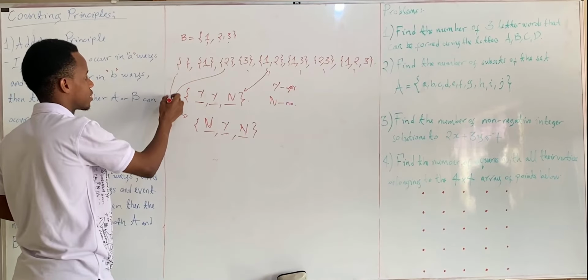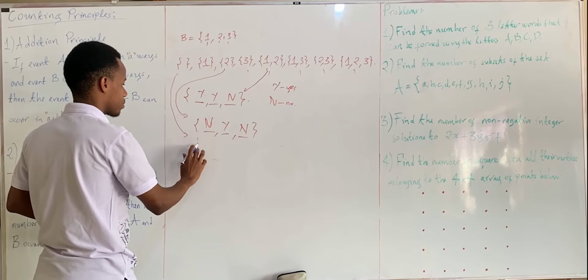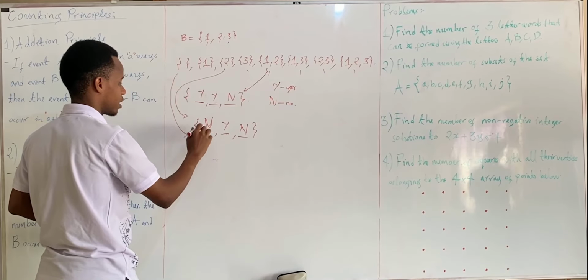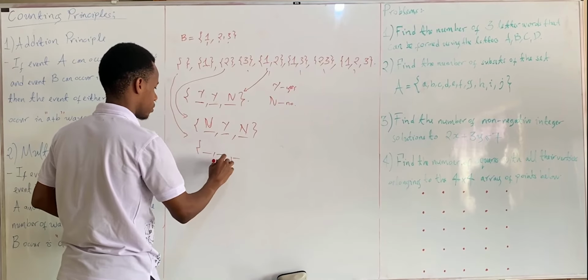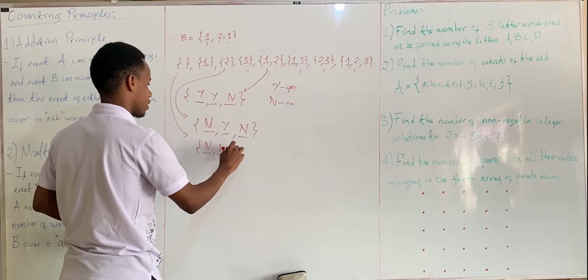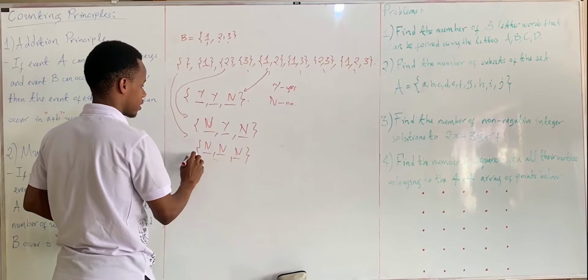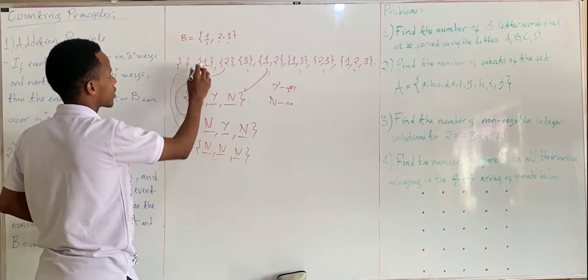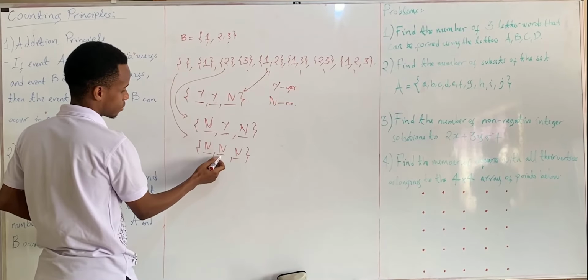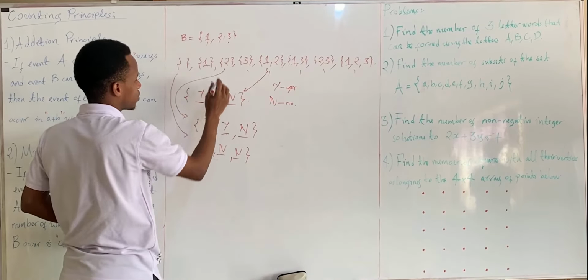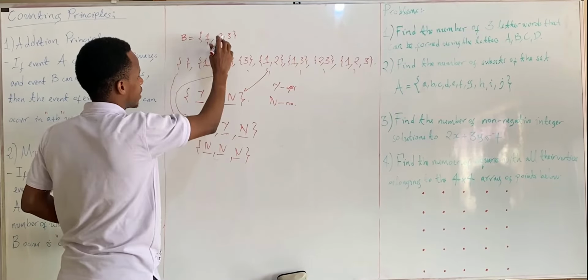So for example, the empty set does not contain any of the original elements, so we have no's on all of the original elements. Remember, the first position signifies the element 1, the second position signifies the element 2, and the third position signifies the element 3.